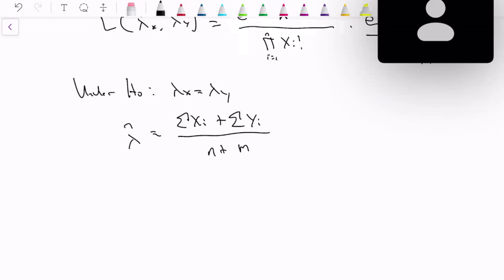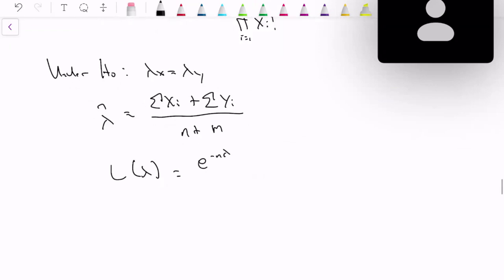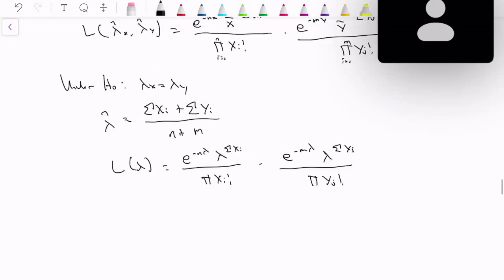So then our likelihood for lambda was e to the negative n lambda, lambda to the sum of xi over the product of xi factorial, times e to the negative m lambda, lambda to the sum of yj over the product of yj factorial.